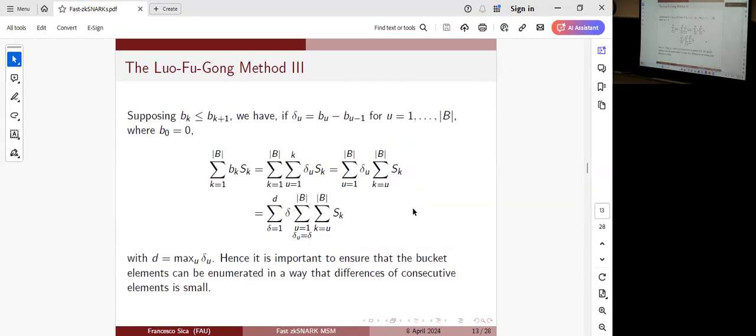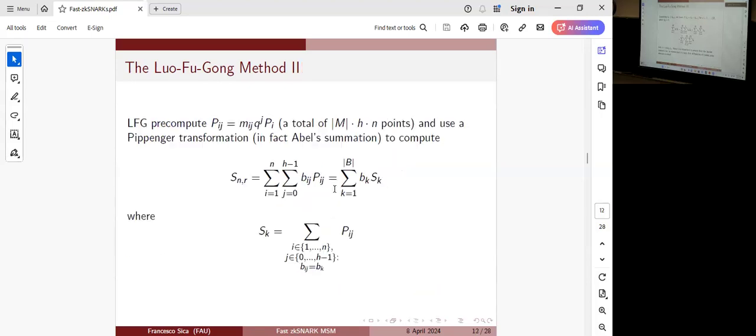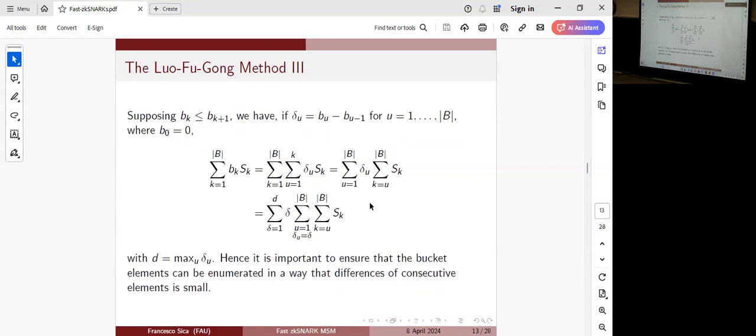And then they also provide basically an analog of this Abel summation method. The Abel summation method, in fact, involves using some of the S_k's, which can be done inductively with some loop. But then you also have here some delta u, which corresponds to the difference between consecutive bucket values here.